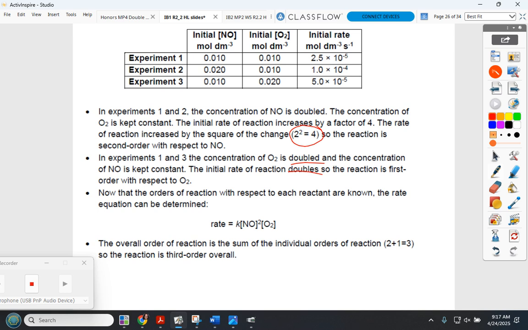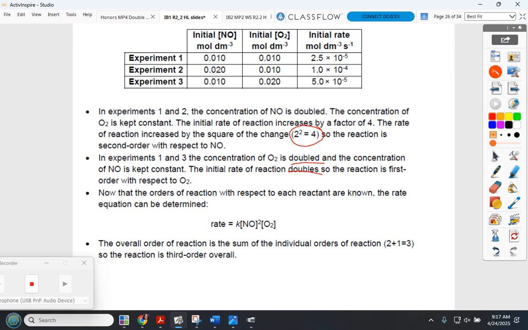Nobody is zero order. But changing the concentration of NO is going to change the rate more than changing the concentration of O2. Okay? And again, this is not something that we can predict without doing the experiments.